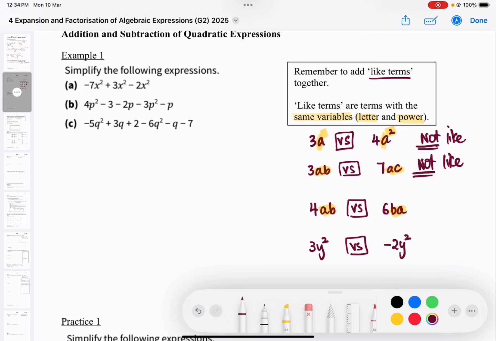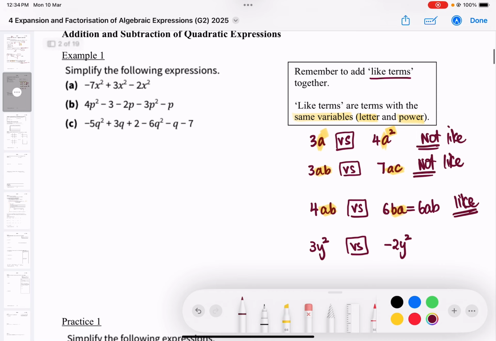Now the order of the letters is different, but can you see that the letters are still the same? In other words, I can write 6ba as 6ab as well. The order does not matter in this multiplication. Therefore, since the letters are the same and the power for a is 1, for b also both are 1, this is considered like terms.